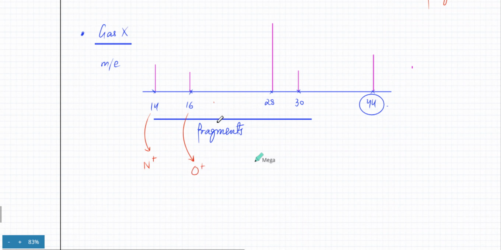Now you're moving towards bigger fragments. Bigger fragments are going to be a combination of the smaller atoms, right? So what do you think 28 is? Anyone any idea what 28 is?